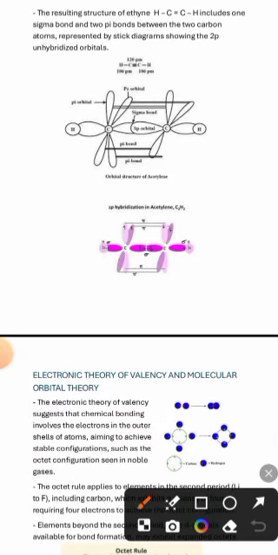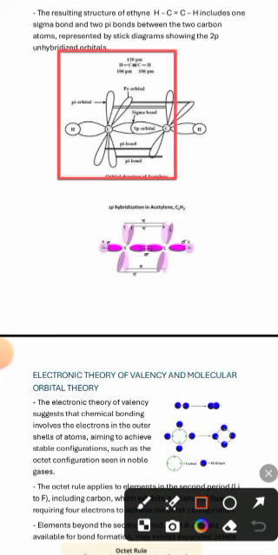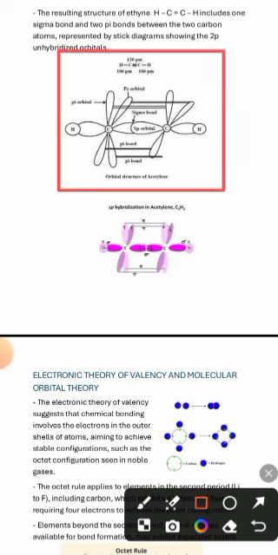Now this is just the molecular structure of what we're explaining. They have a bond angle of 180, that's a linear shape. Then the 2py and the 2pz orbitals overlap with themselves to form pi bonds respectively.